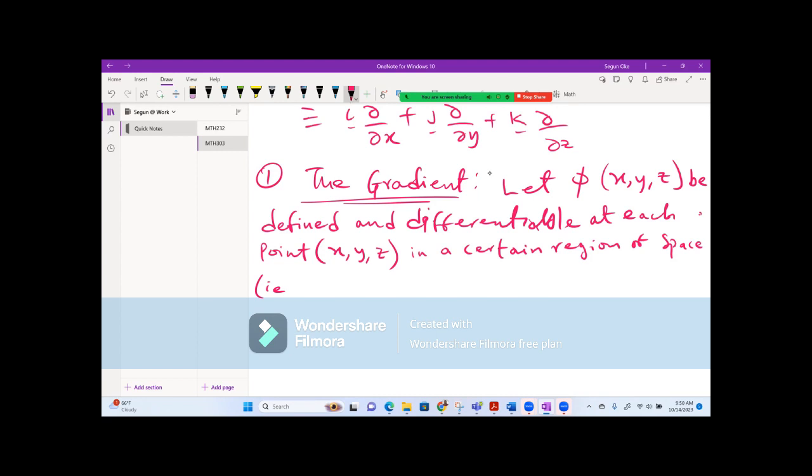That is, phi defines a differentiable scalar field.